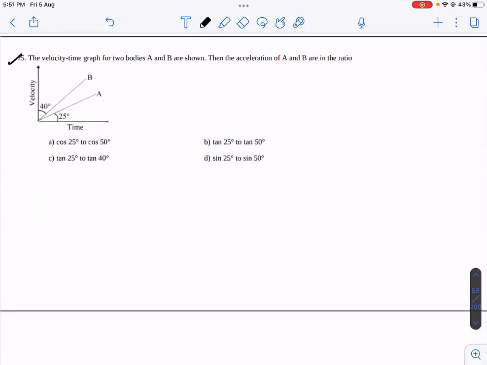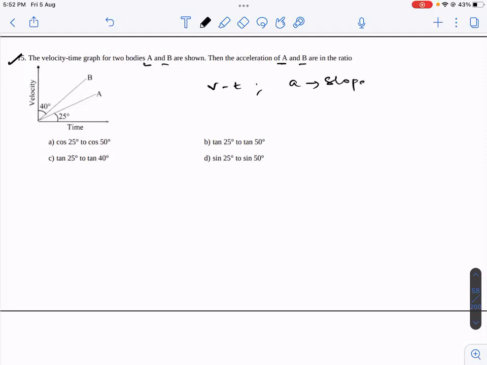This is another problem that I discussed yesterday. The velocity time graph of two bodies A and B are as shown. The acceleration of A and B are in the ratio. So velocity time graph, what is the acceleration?